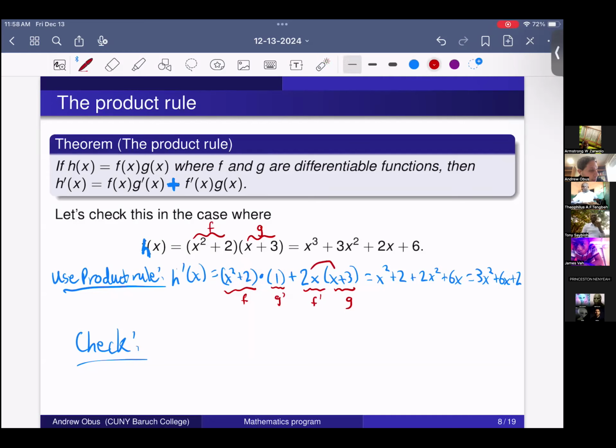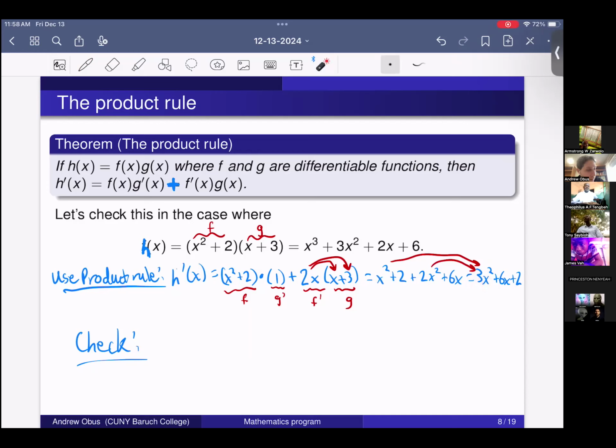The 2x is getting multiplied by the x and by the 3. We bring the x squared and the 2x squared together, and that gives us the 3x squared. I'm just combining those two terms.